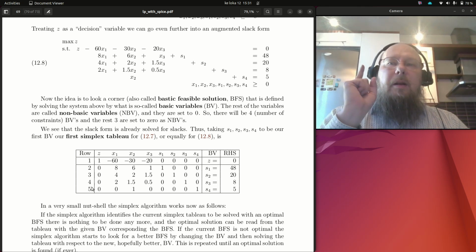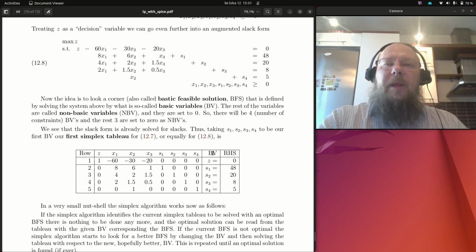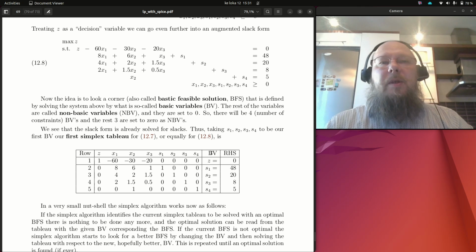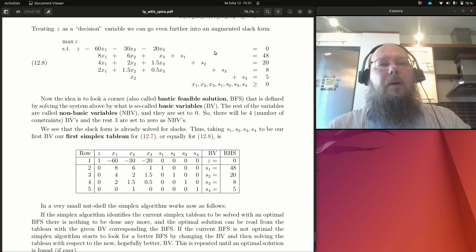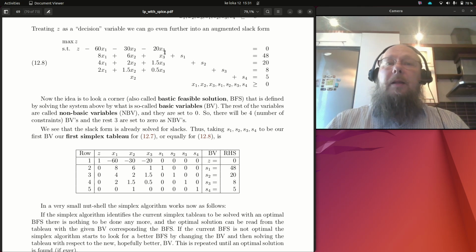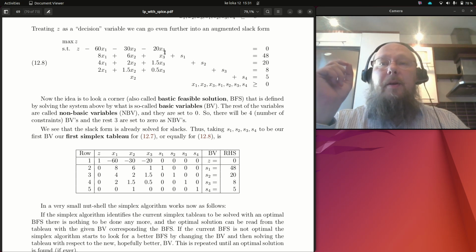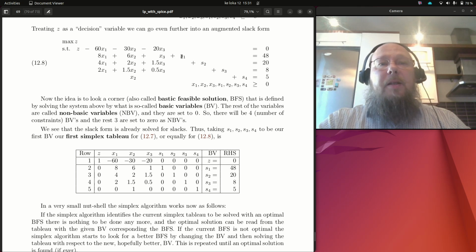And then now comes the trick. There is an additional column here called BV. This means basic variables. Since I started this table like this, if I set all these x's to equal 0, meaning that I set them to be NBVs, non-basic variables, then S1 appears only in this row, S2 only in this row, S3 only in this row, and S4 only in this row.